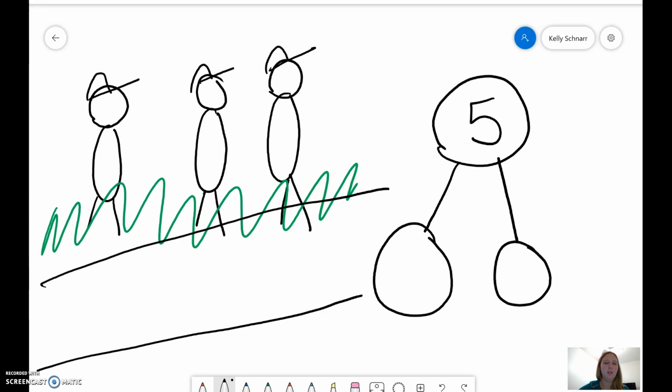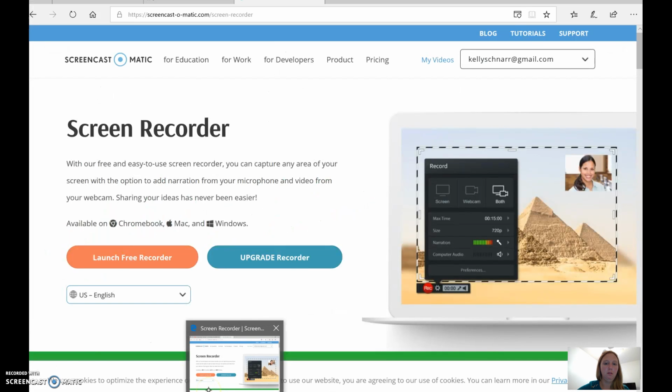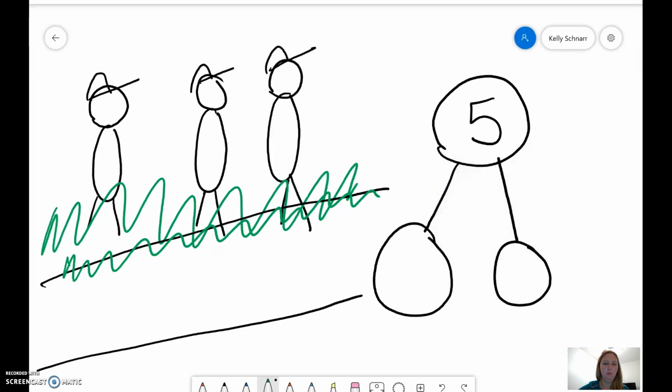Okay. Oh, that's kind of hard to see because the grass looks like the sidewalk. Let's move the sidewalk down. Okay. Here's the sidewalk. So, some were in the sidewalk.